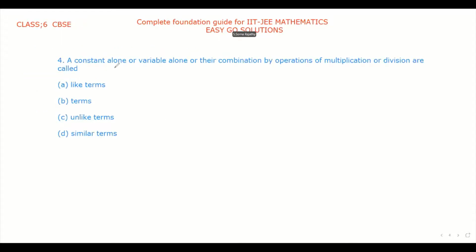A constant alone or a variable alone, or their combination by operations of multiplication or division, are called what? A constant alone or a variable alone, maybe 4 or 2x, or a combination by operations of multiplication or division, is called a term.